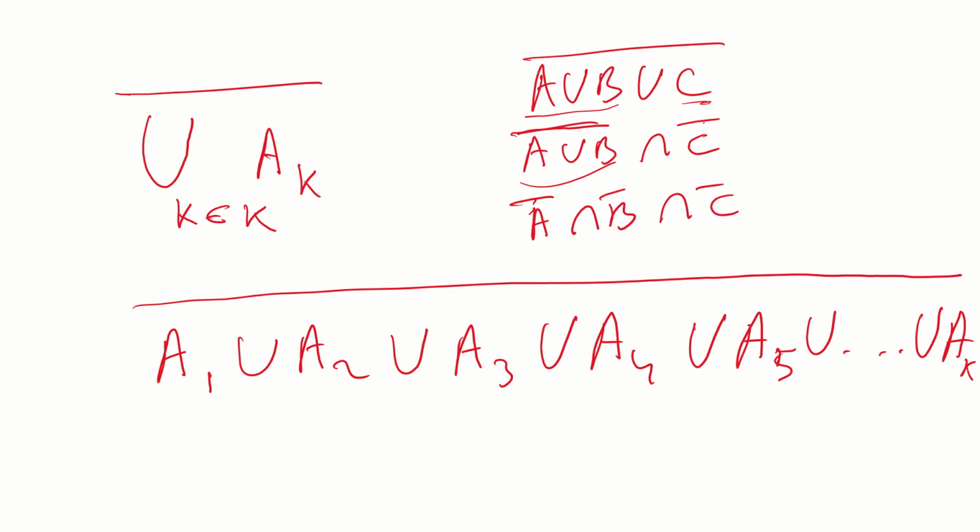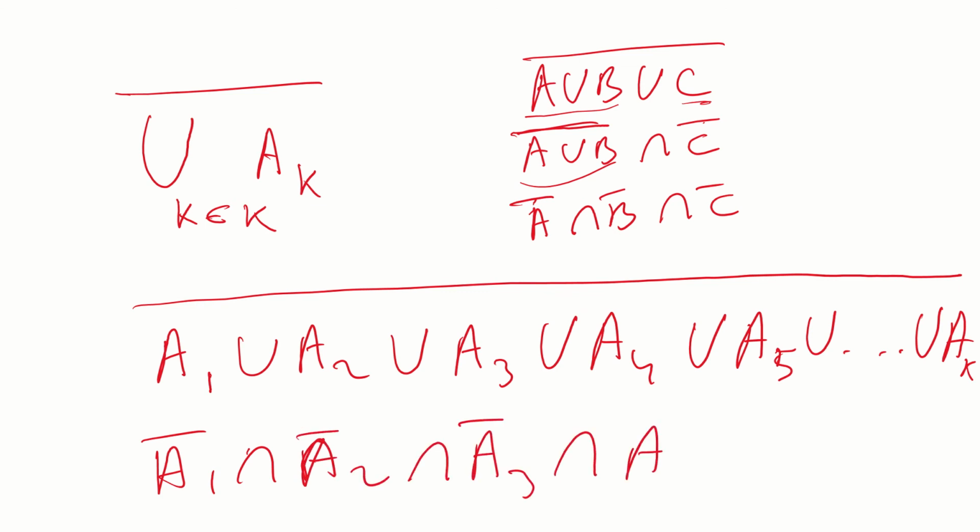So basically when you apply the complement on a set of sets, it's going to be A1 complement intersection A2 complement intersection A3 complement intersection A4 complement intersection A5 complement intersection, and so on. So what you have to understand is that this set is the same as this.